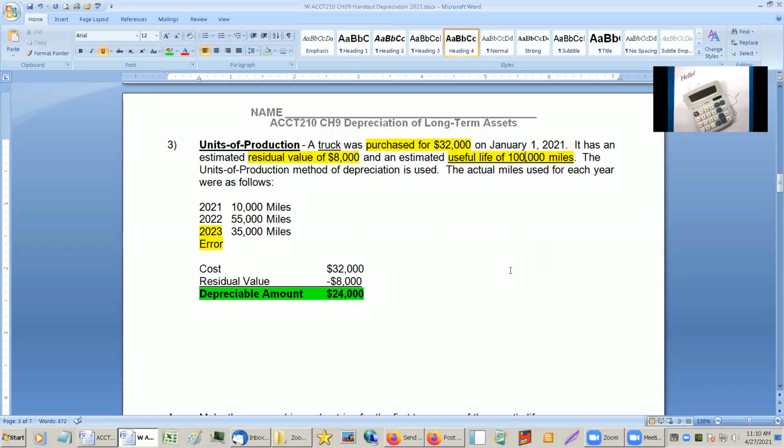How much are we going to depreciate per mile? Come on, somebody knows this.